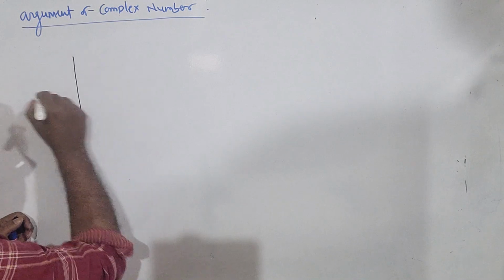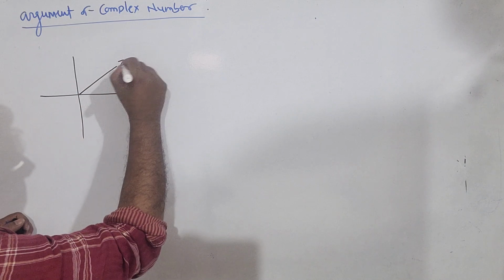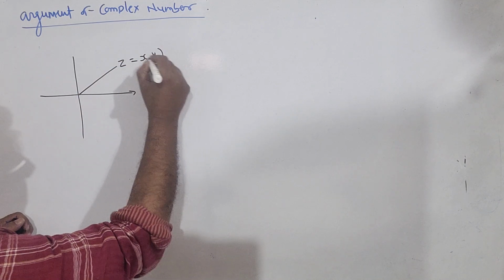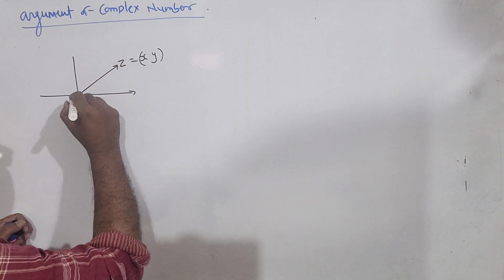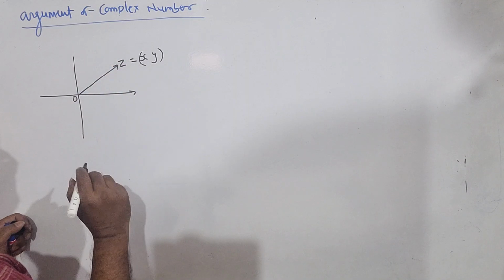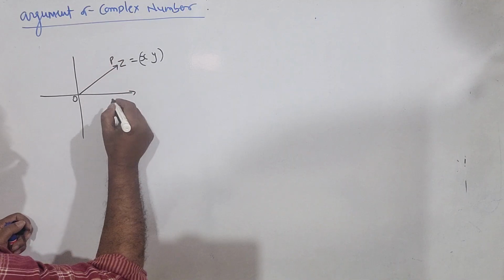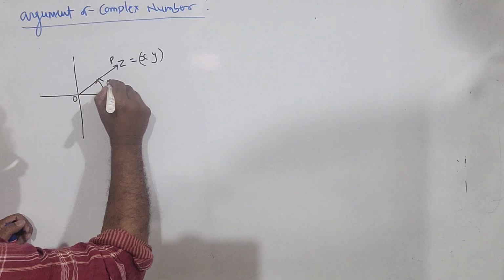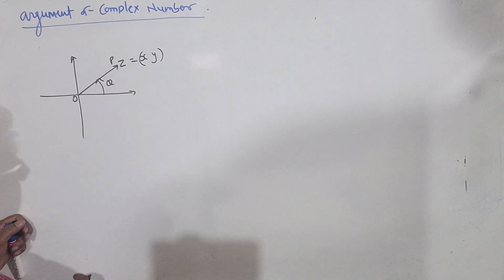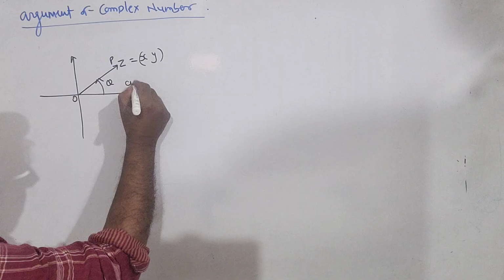See, this is your xy plane and this is your z, that is x plus iota y. So this is your vector OP. This OP vector is making angle theta with the positive direction of the x-axis. This angle is measured anti-clockwise.